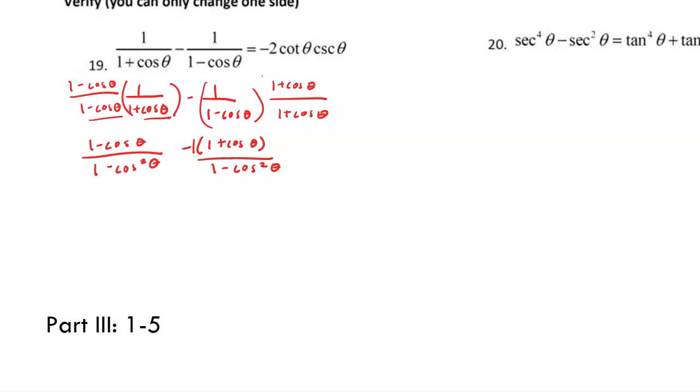Okay, when there's a subtraction sign, there are 2 terms after it, so you have to distribute it. So we have a 1 minus cosine of theta, and that way I can combine this 1 minus cosine of theta over, we have a common denominator, and then the ones cancel out, and we have a -2 cosine of theta over 1 minus cosine squared theta.